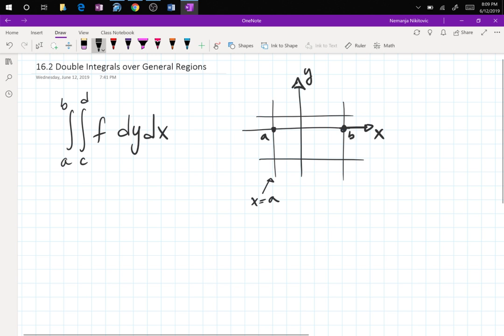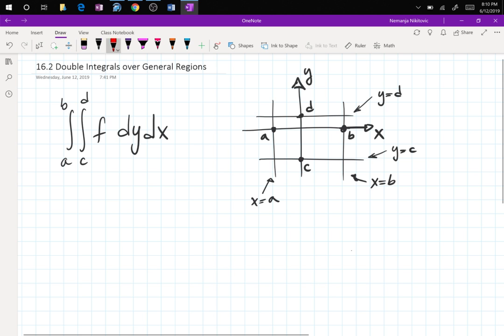It had this value as b, and this line is x equals b. And it had this value here as c on the y-axis, and that makes this line y equals c. And then it had this as d, which made this line over here y equals d.